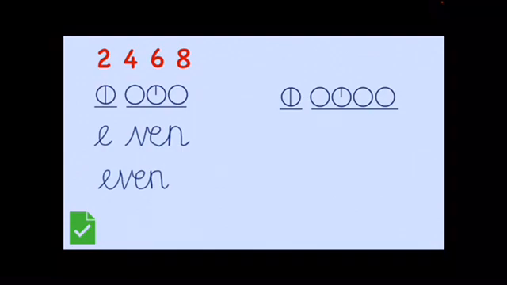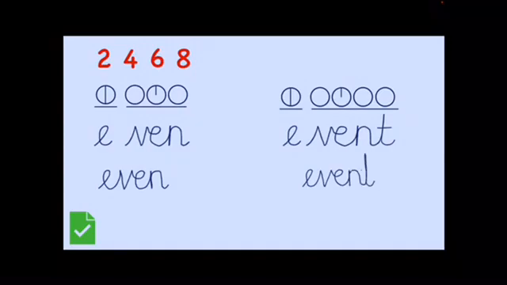Well, all on its own in a syllable, E will be the letter E. And vent, well, because we've already written even, it's going to be pretty simple. V is V, E is E, N is N, and T is T. I'll write it again to join up the syllables. And here we have the word event.